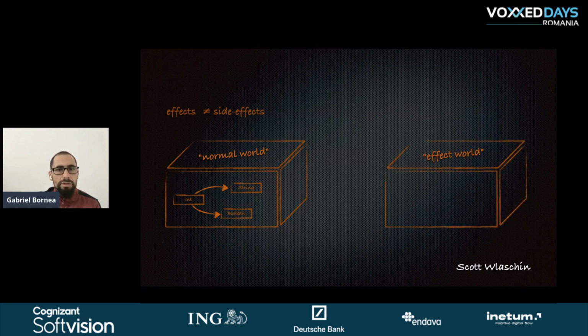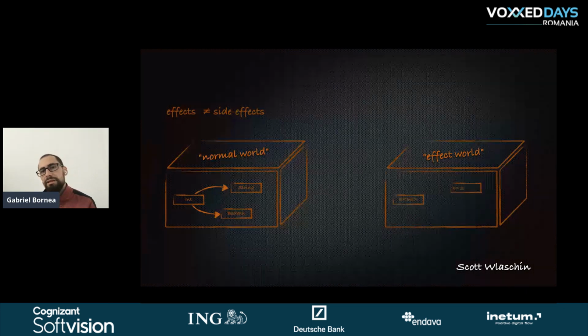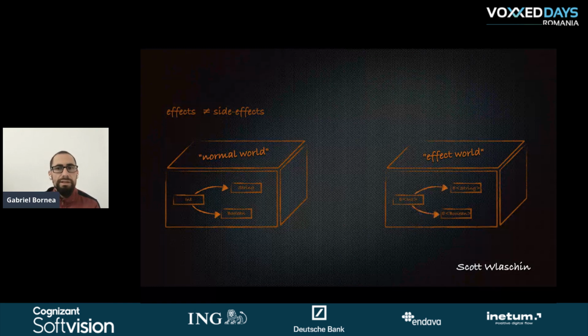And in the effect world, we have things like E of int, and we have things like E of string, and so on. And here functions go from E to E. They do not go from a type to another type.